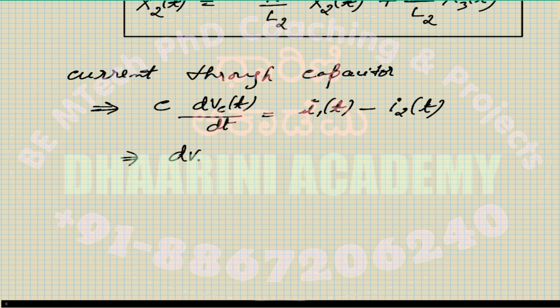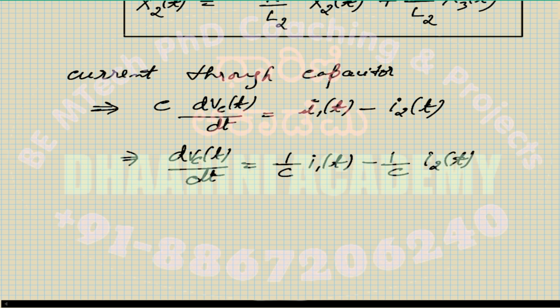You see here, this is therefore dVc of t by dt. If you want to calculate, this is nothing but 1 by C times I1 minus 1 by C times I2 of t. All right. So this implies this dVc of t by dt itself is x3 dot of t, which should be equal to 1 by C times I1, that is x1, minus 1 by C times x2 of t.